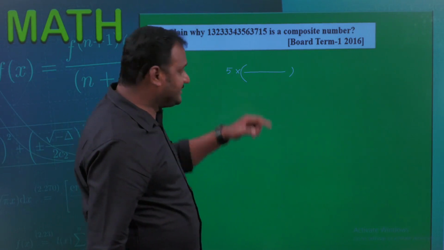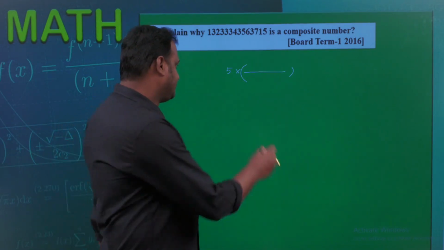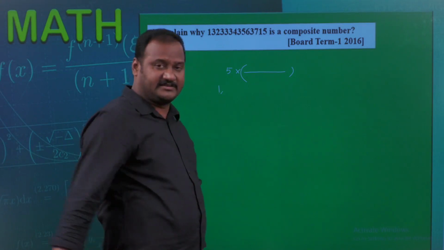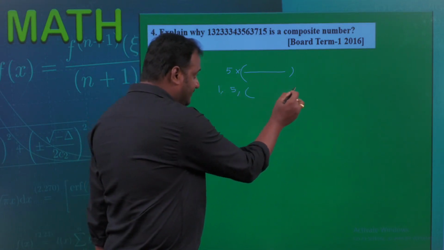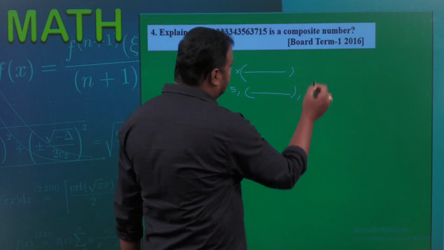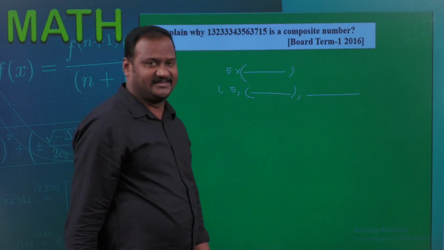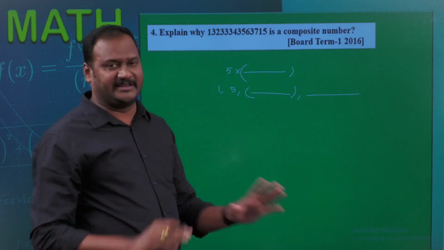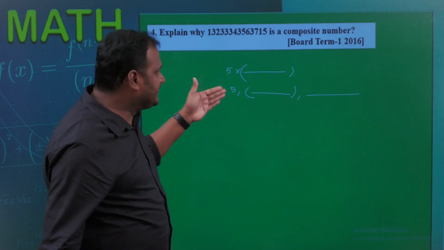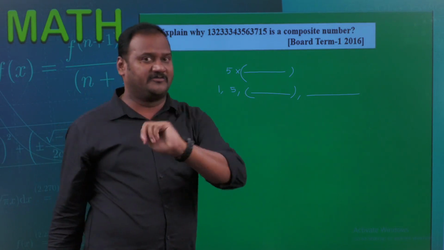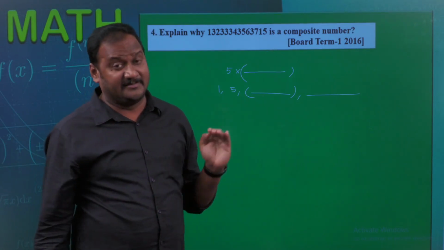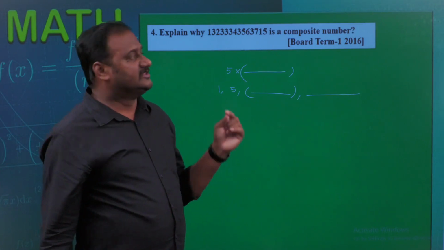Now this number has a minimum of these factors. 1 is a factor, 5 is a factor, and this entire number is also a factor, whatever the given number is. Easily, without performing any calculations, we can say that this number is a composite number because it has a minimum of 4 factors, not even just 3.